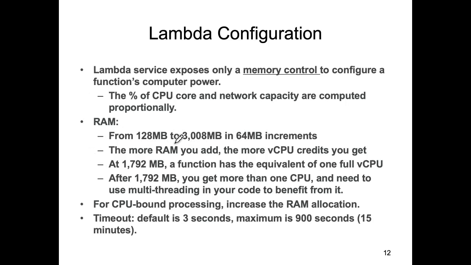And as I said, the more RAM that you allocate, the more virtual CPU power is reserved for your Lambda function. I'm just documenting this here, but we won't really get into computing these configuration settings.